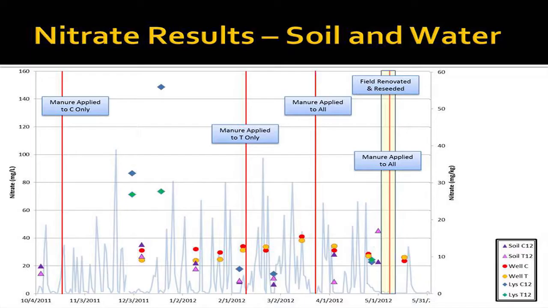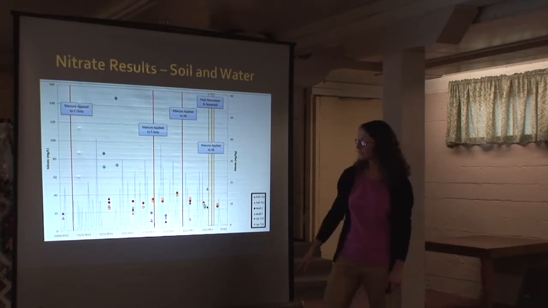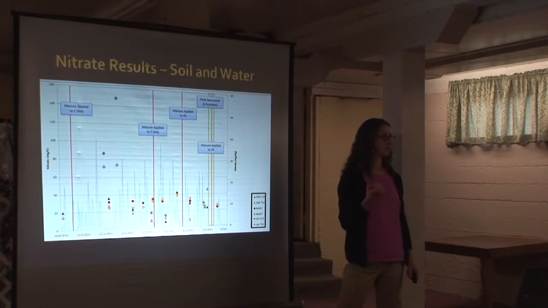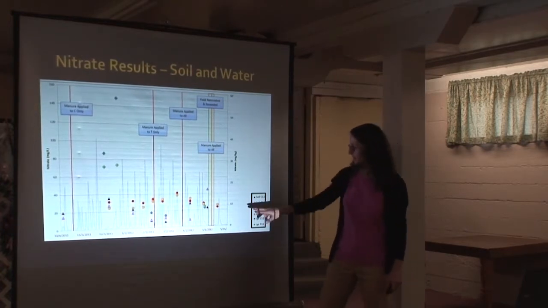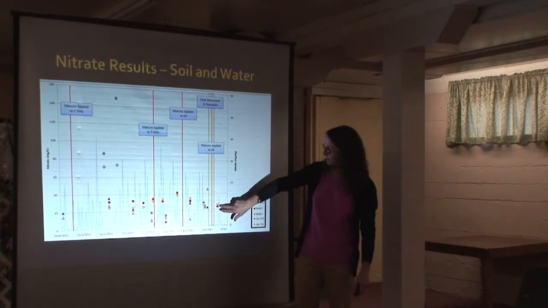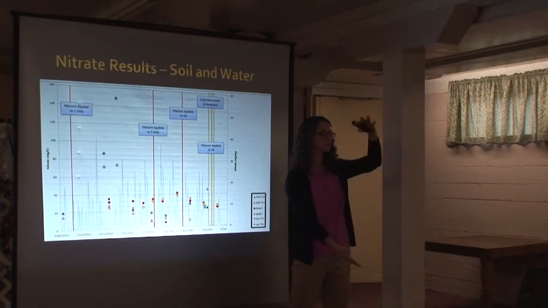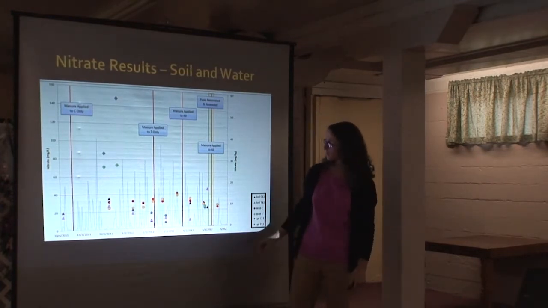So it's a little bit small here, but essentially, if you look at the orange and yellow dots, we've got dates along the bottom, and this is what we looked at for nitrate leaching in the soil and in the water. The orange and yellow dots represent well water samples in the field, so we're looking at what was lost to that field at the top of the water surface.